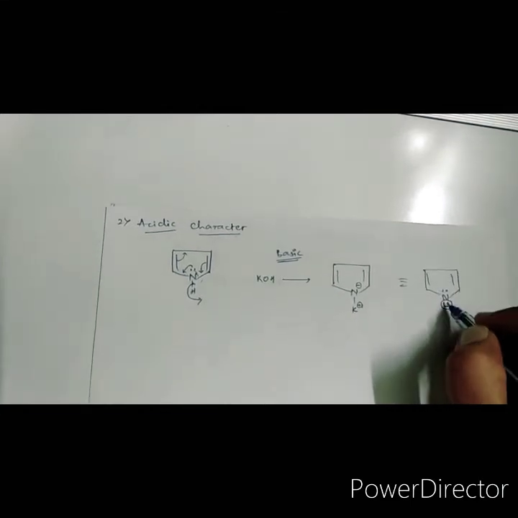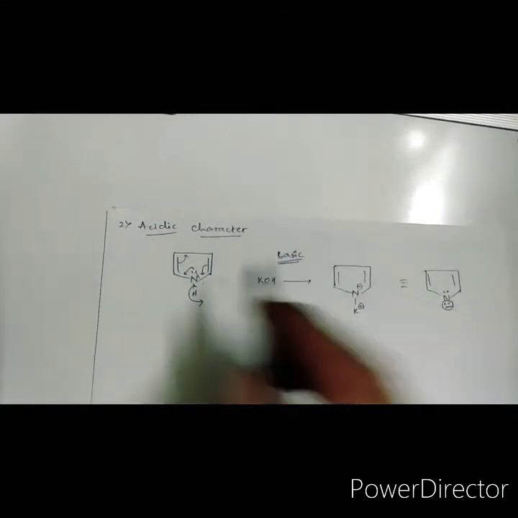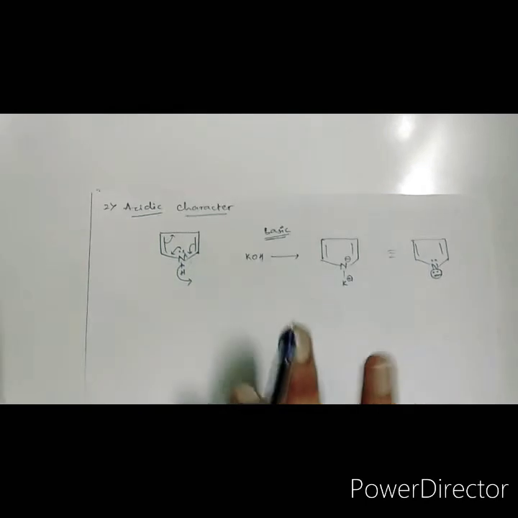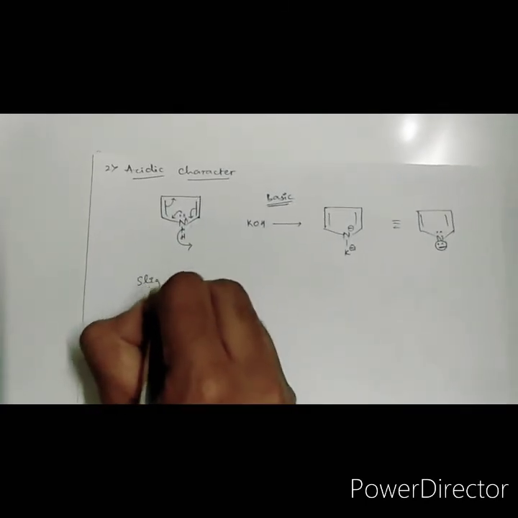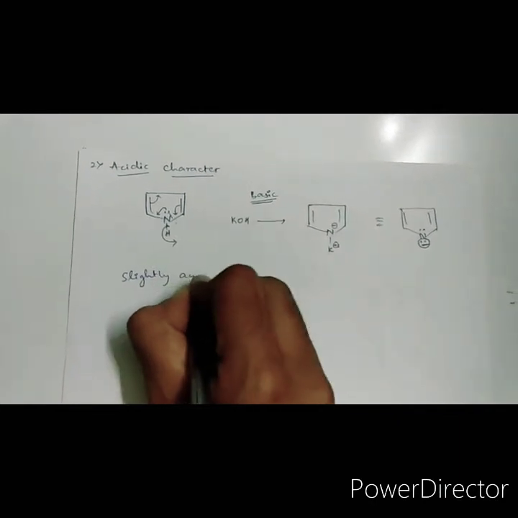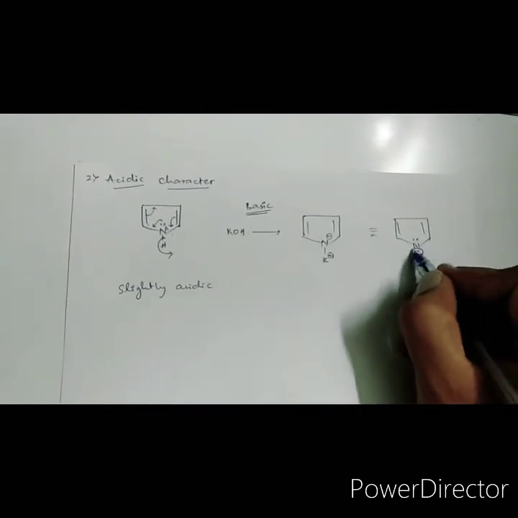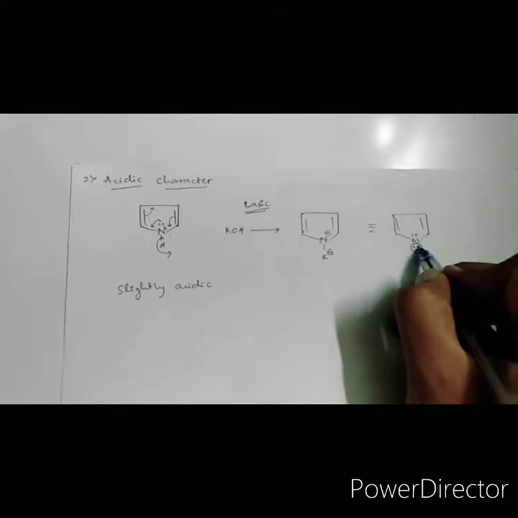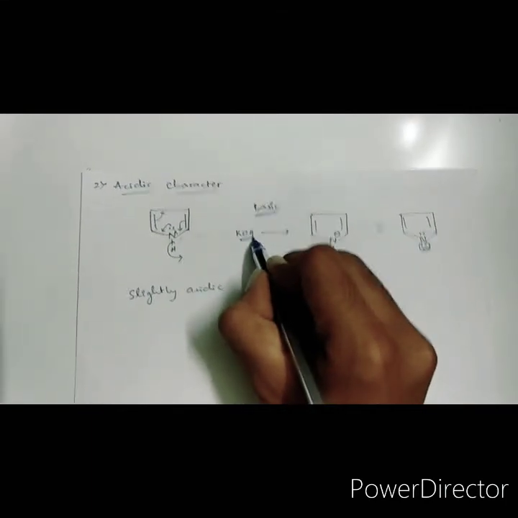Because of this negative charge, it is slightly acidic in nature. The character of this pyrrole is that it is slightly acidic in nature, because of the presence of the negative charge that is formed when it is reacted with potassium hydroxide.